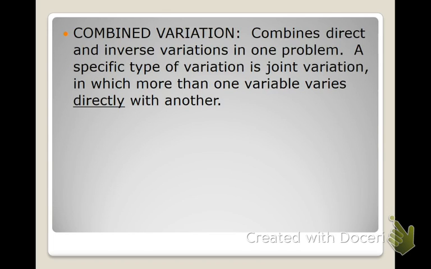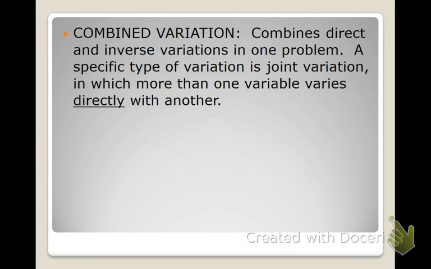Combined variation, as the name suggests, it combines direct and inverse variations in one problem. A specific type of variation is joint variation, in which more than one variable varies directly with another.